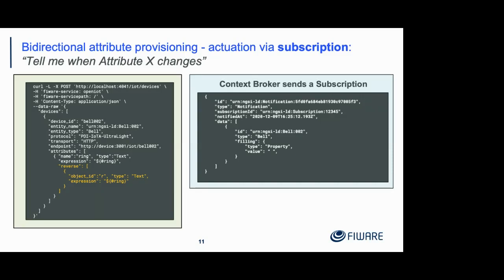So in this particular case, if the context broker itself sends a subscription, because you actually already set up that subscription when you provision the device automatically, it will have data in the appropriate format. It will be an array which has got a series of entity IDs.